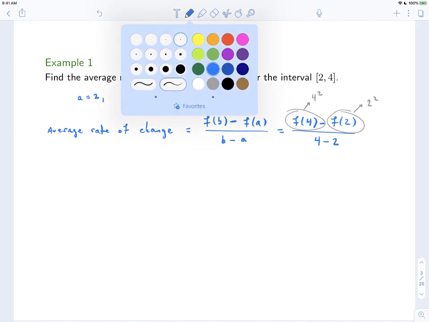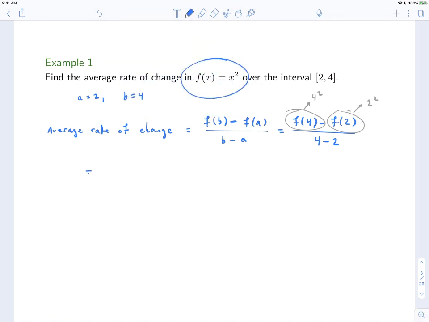So that means that our average rate of change is 4 squared minus 2 squared divided by 4 minus 2, which is 16 minus 4 divided by, well, 4 minus 2 is 2. 16 minus 4 is 12, divided by 2 is 6. So the average rate of change is 6 for this example.